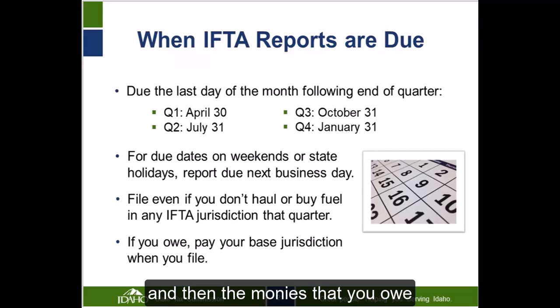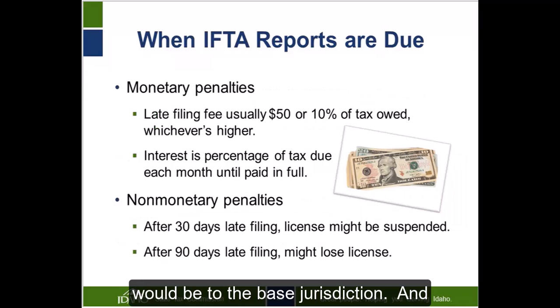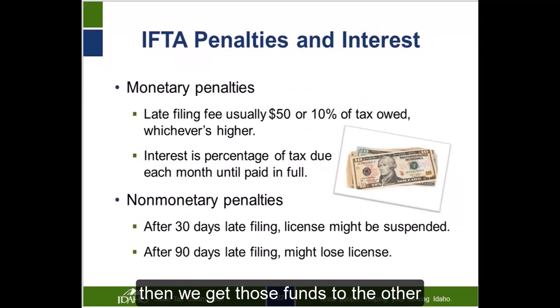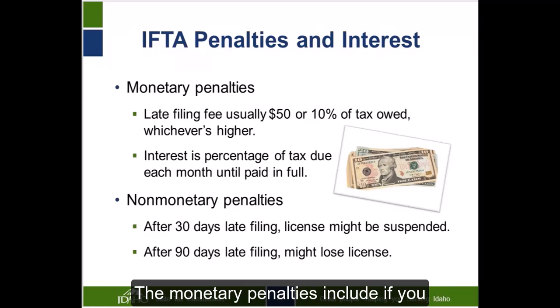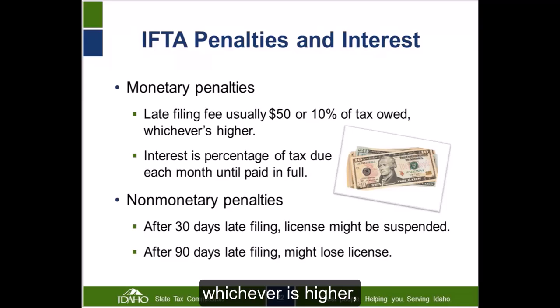And then the monies that you owe would be paid to the base jurisdiction, and then we net those funds to the other jurisdictions that you traveled in. There are penalties and interest for IFTA. The monetary penalties include, if you file late, $50 or 10% of the tax owed, whichever is higher, and that's to all jurisdictions.